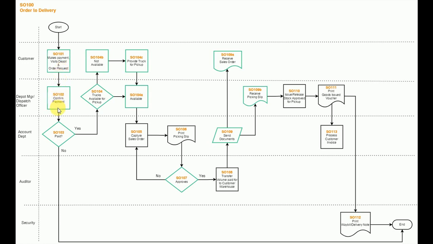Now, it sends a request or makes a confirmation with the account department. So, the account department checks their records or whatever document they have regarding this, to confirm the payment has been made. If the payment has been made, then it goes to the next stage of raising a sales order.